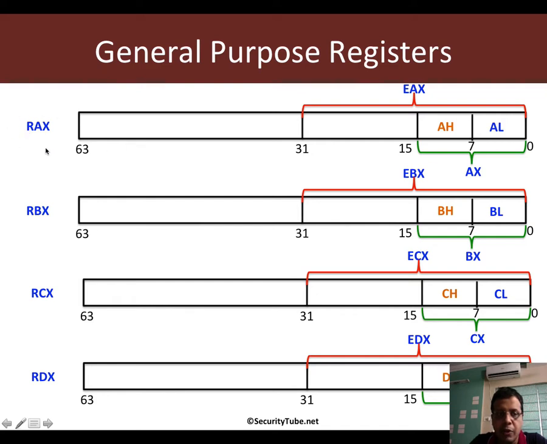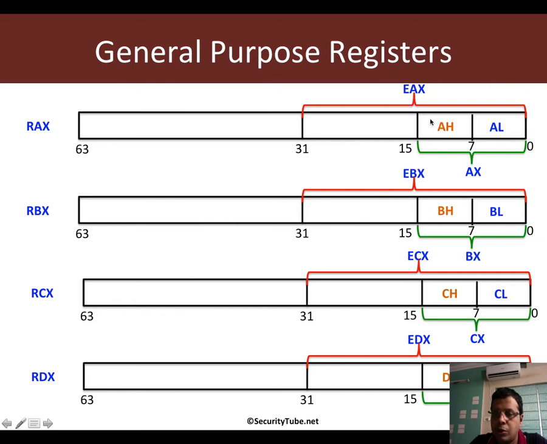So if you look at any of the general purpose registers, you can access the lower 32 bits, the lower 16 bits, and the lower 8 bits, right? And to do this, you further subdivide the naming of the register. So if you'd like to access the whole 64 bits, you can use RAX. For the lower 32 bits, it's EAX. The lower 16 bits, it's AX, and for the lower 8 bits, it is AL.